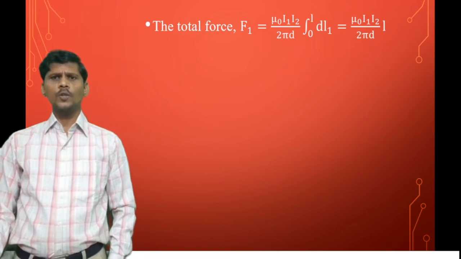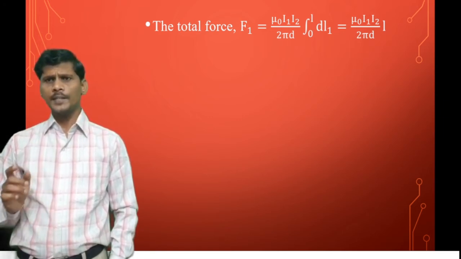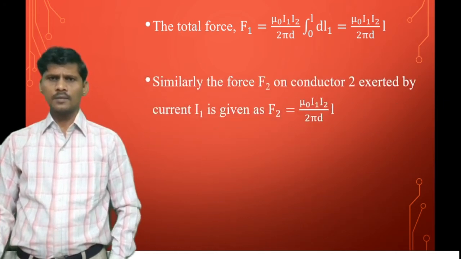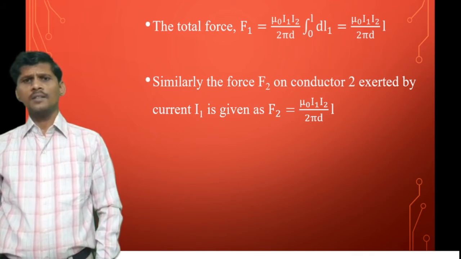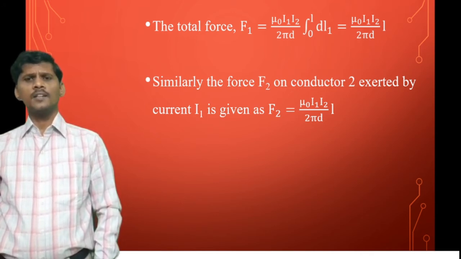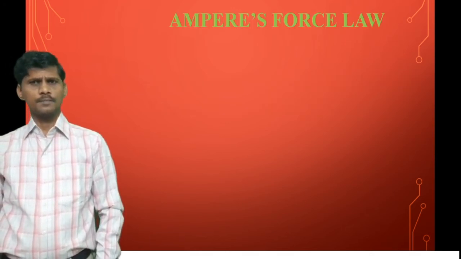Therefore, the total force F1 is equal to mu naught I1 I2 by 2 pi d into L. Similarly, the force on the second conductor due to current I1 is F2 equal to mu naught I1 I2 by 2 pi d into L.